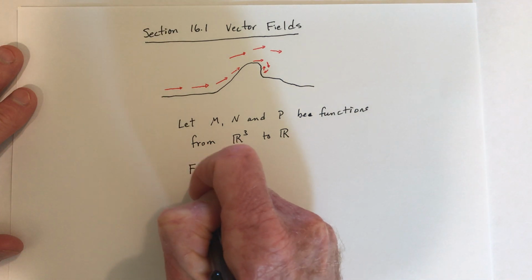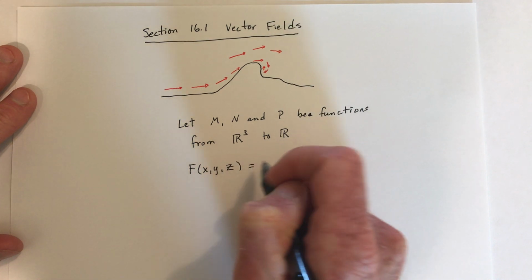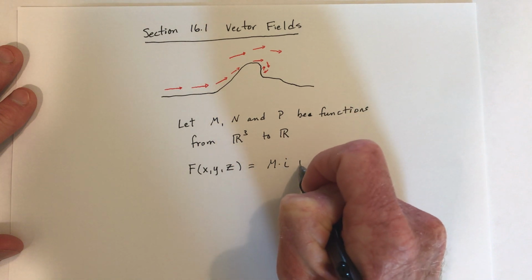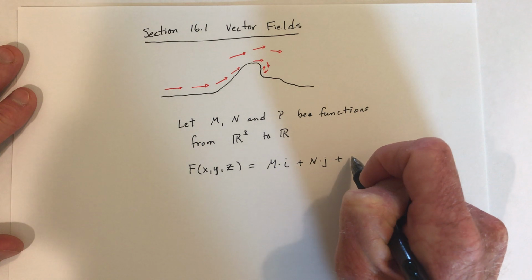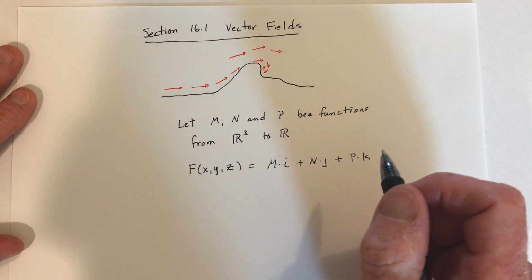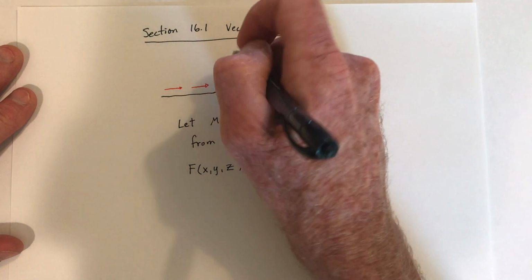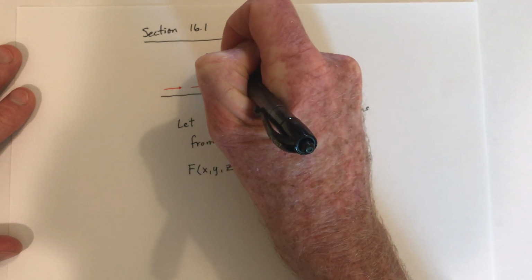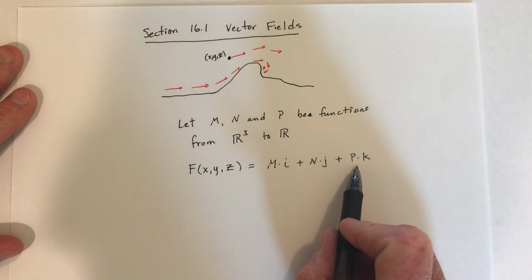And then capital F is defined by: take M, and that gives you the i component; N gives you the j component; and then P gives you the last component. So that would mean that at some point x, y, z, like at this point right here, you create the vector.